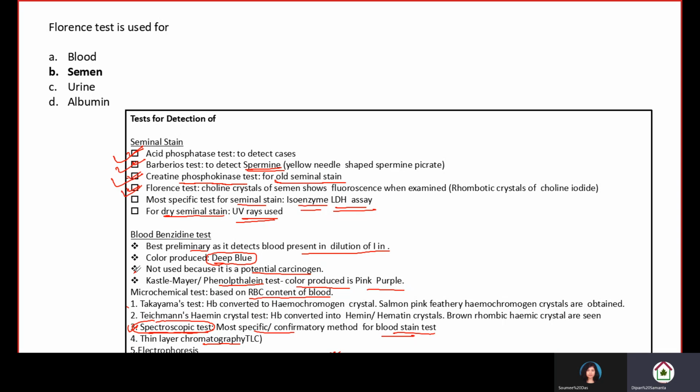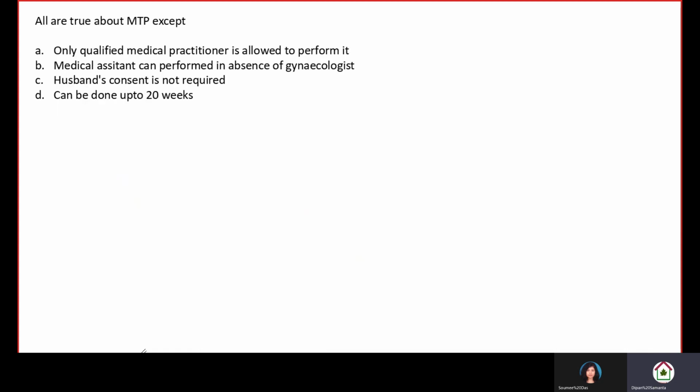Barberio test is not used for old seminal stain. Acid phosphatase is used to detect cases, and for fluorescence, choline crystals of semen show fluorescence when examined. It's different. And the test for distinguishing human and animal blood is also very important: that is the precipitin test.